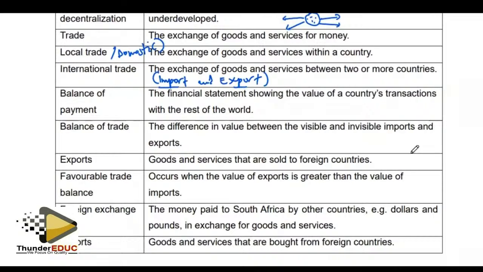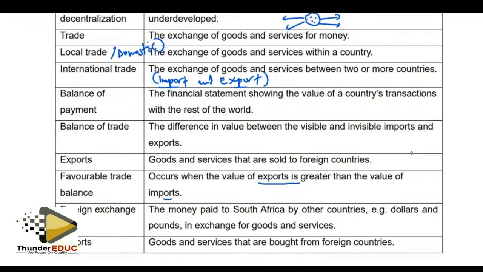Then a favorable trade balance occurs when exports are greater than imports. We say it's favorable because we know the more you sell, the more money comes into the country, which makes it more favorable.